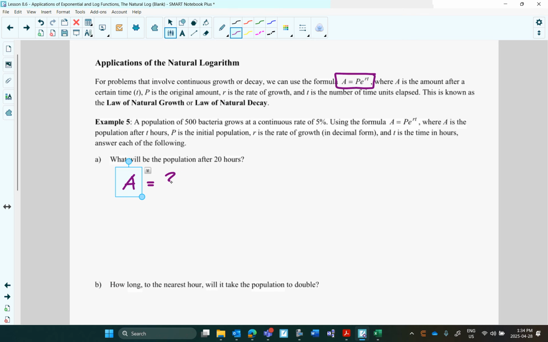It's the amount I don't know. What's the population I start with? 500. What's the rate? 0.05 as a decimal. And what's the time in this question? 20 hours.